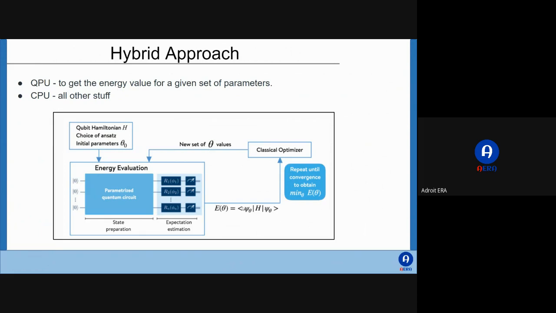If the output of the QPU is greater than the ground state energy of the molecule, then you ask the classical optimizer to converge and find the minimum values for theta. You give the new theta values to the QPU, it computes again, and you repeat the process, as I mentioned in the previous slides.